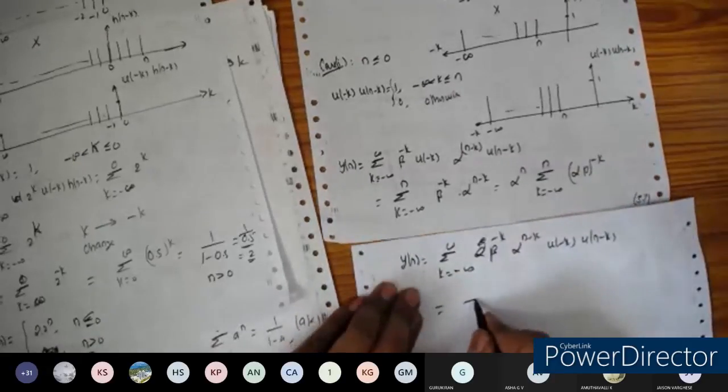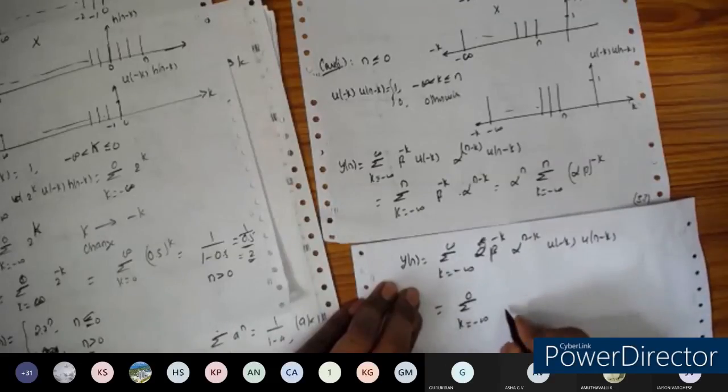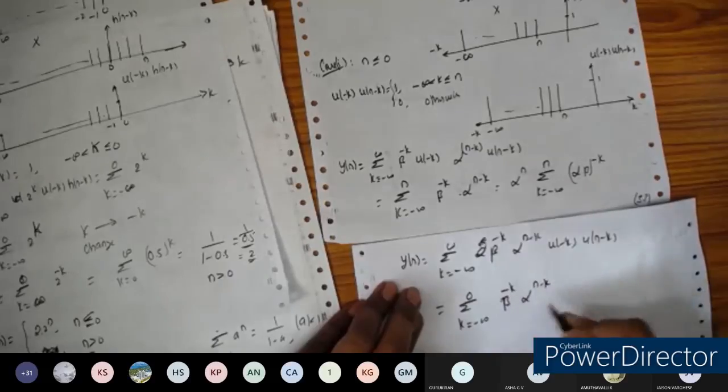So we can change the limit from k equal to minus infinity up to 0, since this product is 1. So it will become beta to the power of minus k into alpha to the power of n minus k.